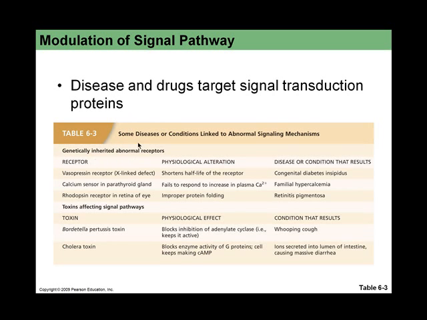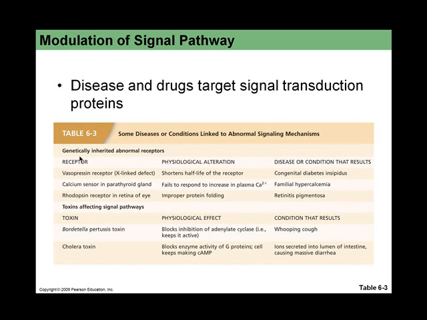So we want to look at some of the conditions that are linked to abnormal signaling mechanisms. We're looking at genetically inherited abnormal receptors in this set here, or toxins affecting signal pathways in this lower set.